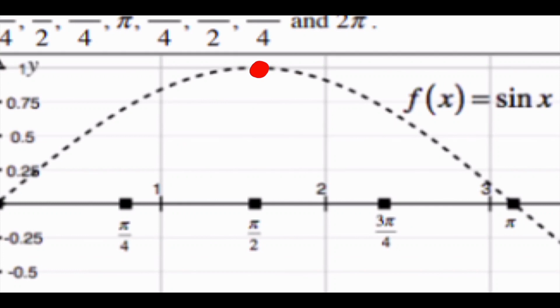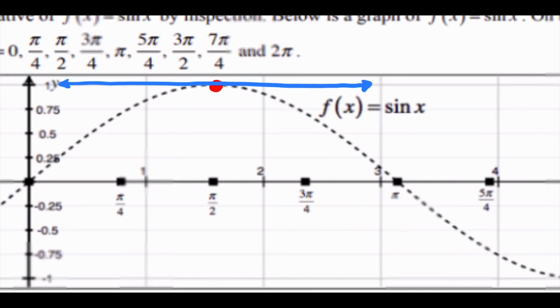It would have to look like this. It would have to look like that. It's the only way it could look, because if I were to do it a different way, it would hit at multiple spots. So that blue line is tangent to the sine graph at the red dot. That's what a derivative is.